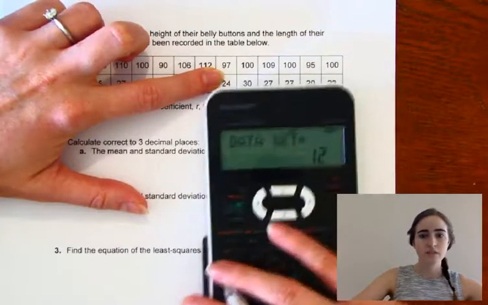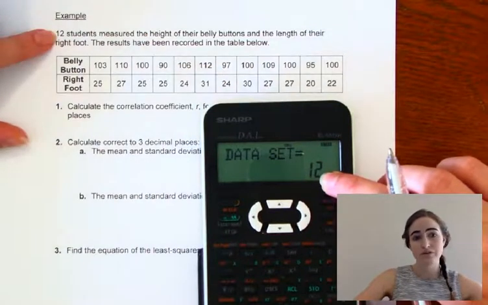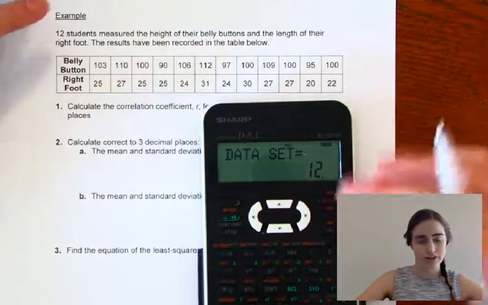Okay, so we've got 12 pieces of information entered in there and we needed 12 of them, so we know we've entered it in hopefully right.